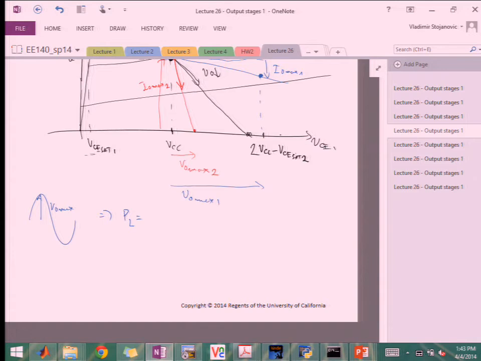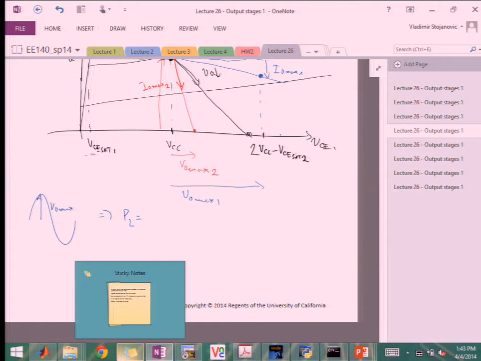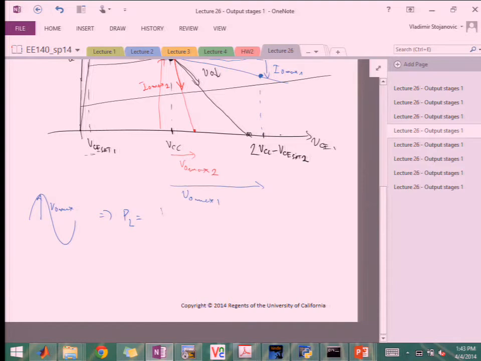If it's VO max delivered to load RL, what would be the power of that? Would have to do something with VO max, right? Squared and some RL and then something else. 1/2, right? Okay. So in other words, you can say that this is VO max times IO max by 1/2.